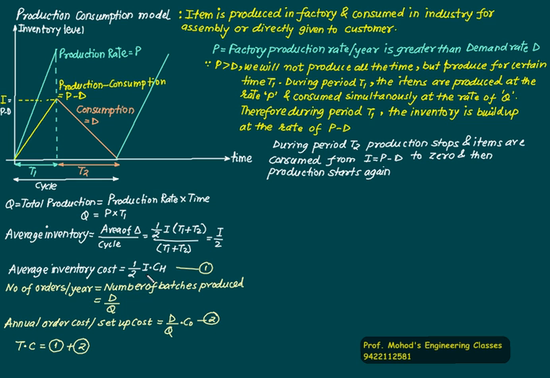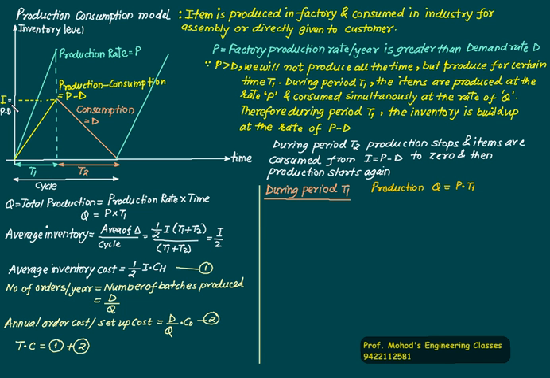We will eliminate I. During period T1 the production rate is P, so total production Q is given by production rate P multiplied by T1, and during this we have a production and a consumption also. So the net inventory that we develop is P minus D over the period T1.